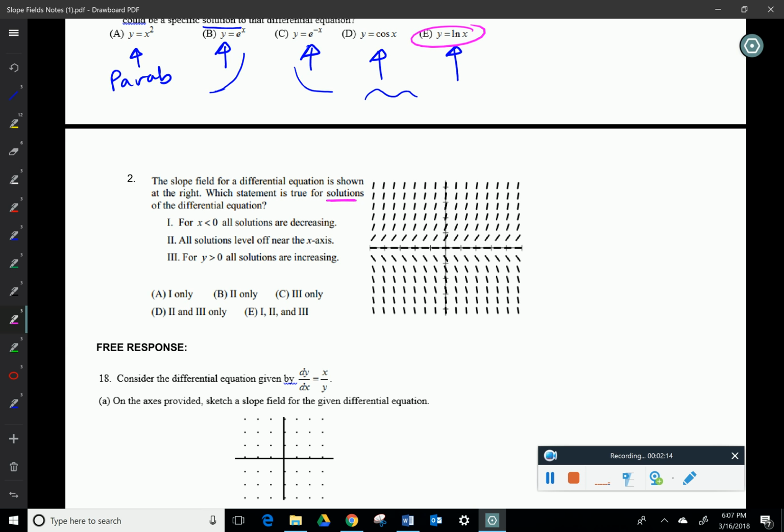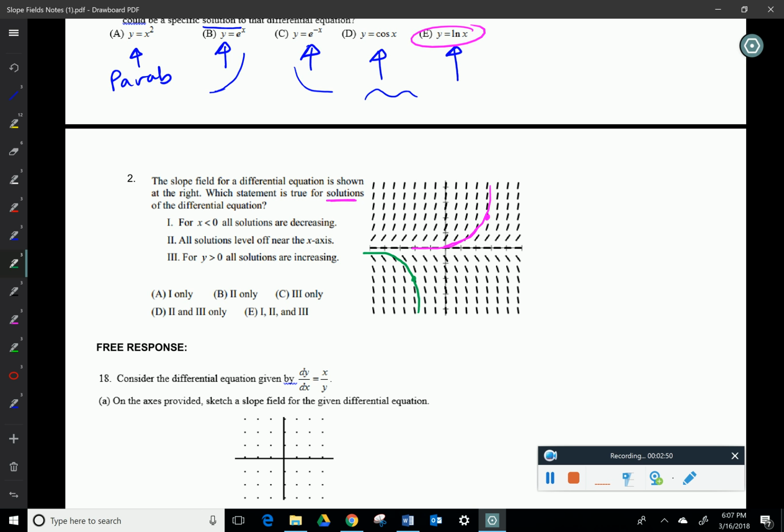So if, for example, I want a solution curve that goes through the point, I don't know, maybe 3, 2-ish, the one that's going to go through there is going to look something like this, if I follow the pieces. But if they say I want the solution curve that goes through a point maybe over here somewhere, you can see that one is going to be heading off that direction. So it looks like two different curves depending on what point they want you to go through.